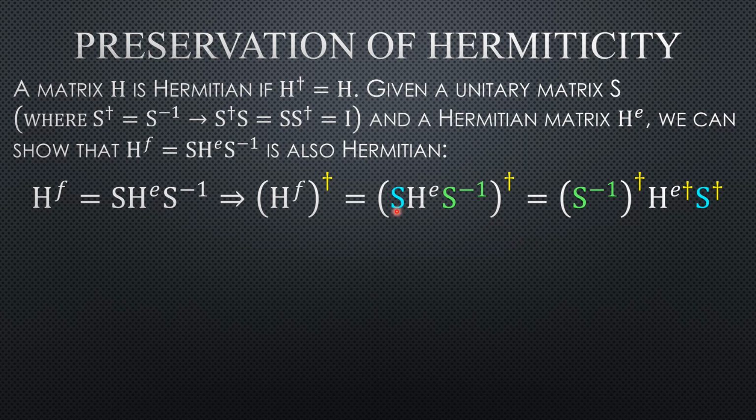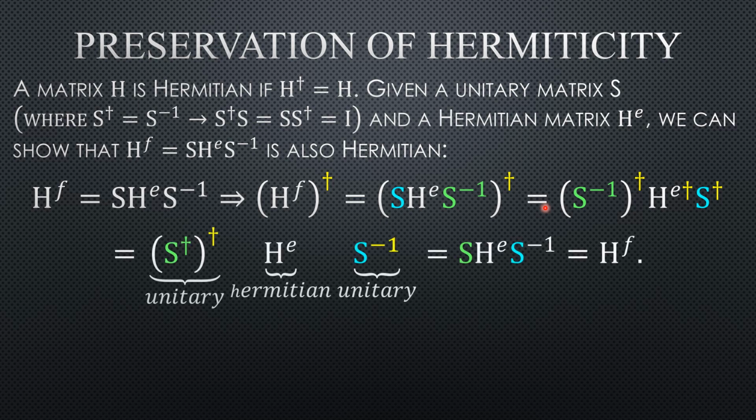And then we see here, color coding it, we reverse the order, but now that we know we're given the conditions that S is unitary and HE is Hermitian, we can see that this inverse gets to a dagger. This dagger with the matrix goes back to the matrix thanks to being Hermitian. This dagger now goes to the inverse thanks to being unitary, so we all work together.